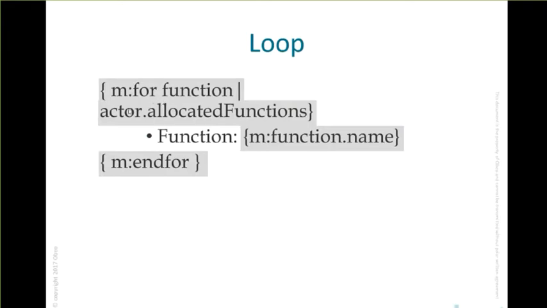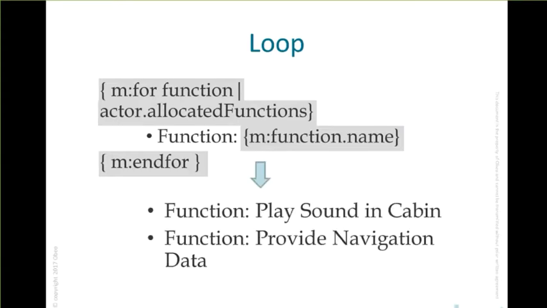So here, for example, for all the functions among the allocated functions of the actor, I want to write in a bullet list function, and then the name of the function. So this instruction in my Word document will produce a bullet list with the text function hard-coded, and then the name of each of the functions in the allocated functions of my actor.